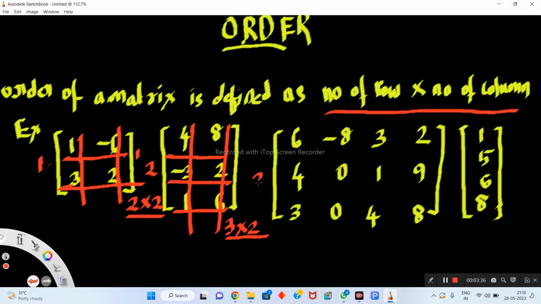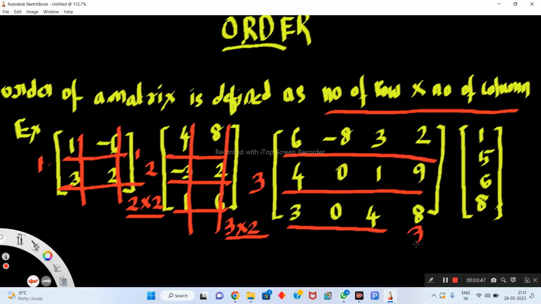Let us consider third example. This is the first row, this is the second row and this is the third row. So we are having 3 rows and we are having 4 columns. So order of this matrix is 3 by 4. What is the order of this matrix?